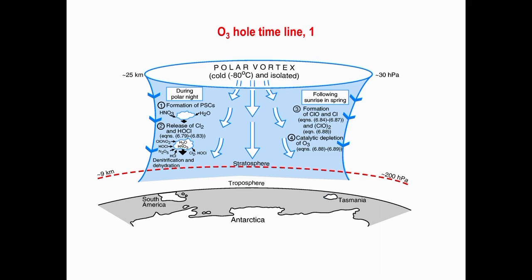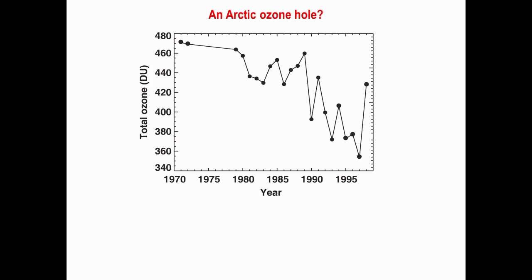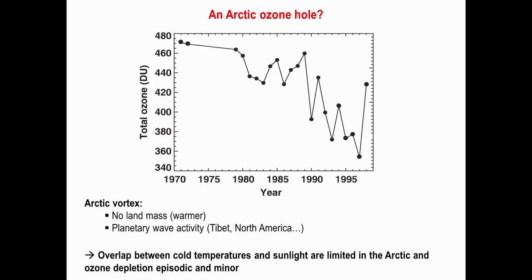So does ozone destruction happen in the Arctic atmosphere? If it does, why? If it doesn't, why? There isn't a landmass, so the Arctic is warmer.